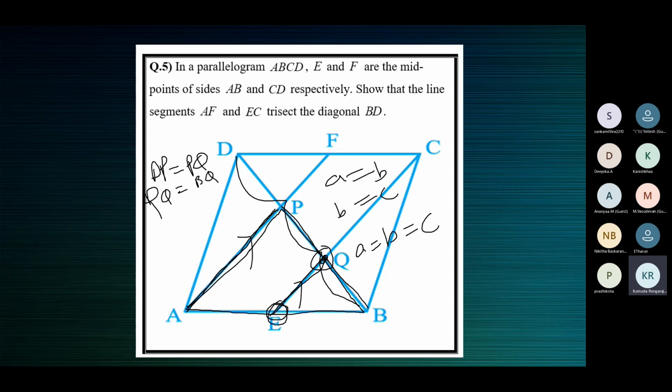You've cut it into 3 equal portions. So A is equal to B is equal to C, which means the diagonal BD is trisected.